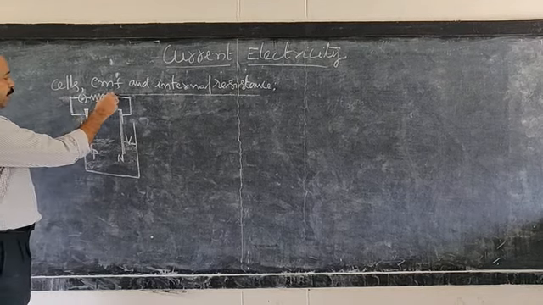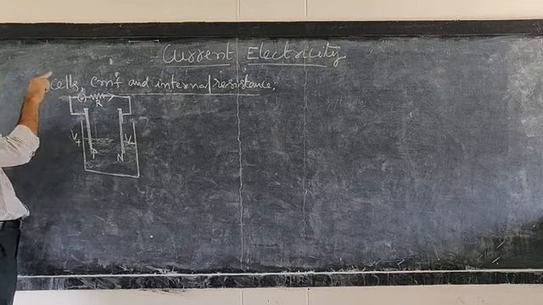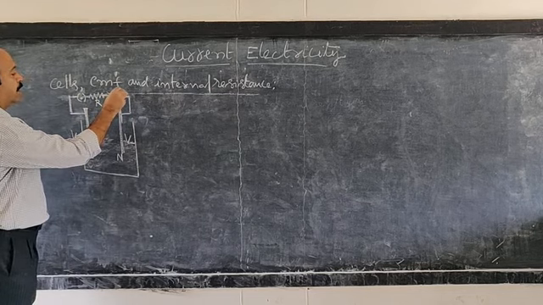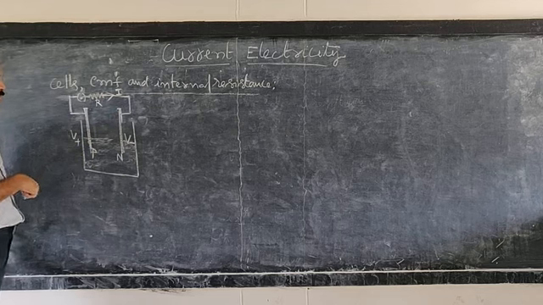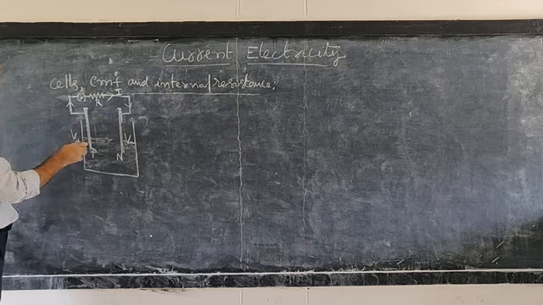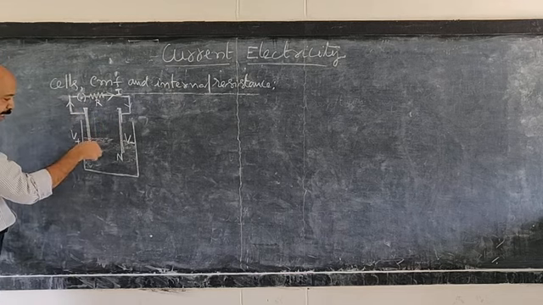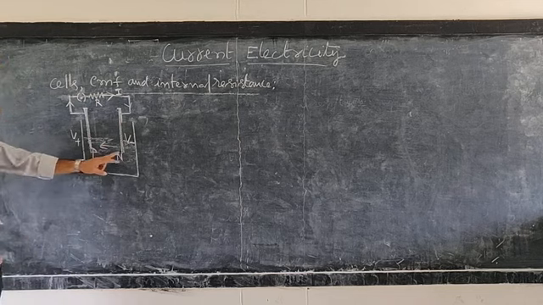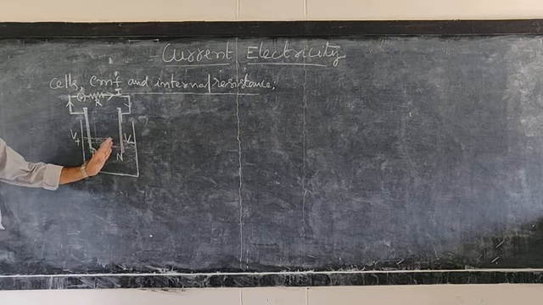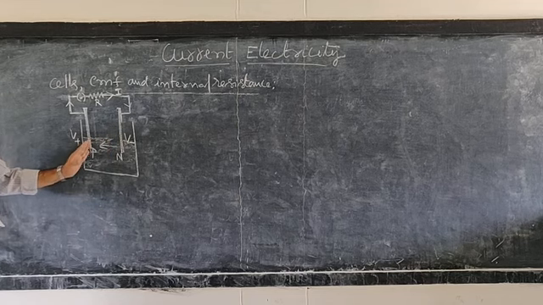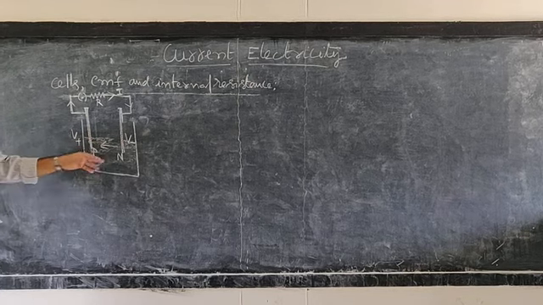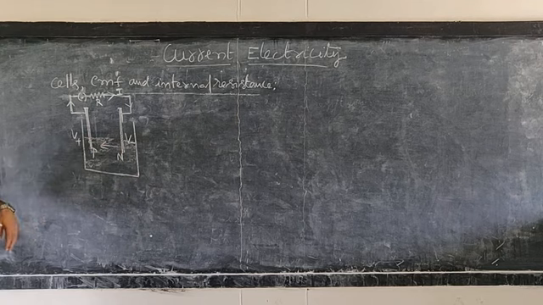Now, when current flows in the external circuit, if you insert the key or put the switch in the on position, let us suppose a current I flows through the circuit. The current flows in the external circuit from P to N, whereas inside the electrolyte it passes from N to P. That means it will continuously supply negative charges to P. Of course, the positive ions will drift towards the negative electrode, in the opposite direction of the current.